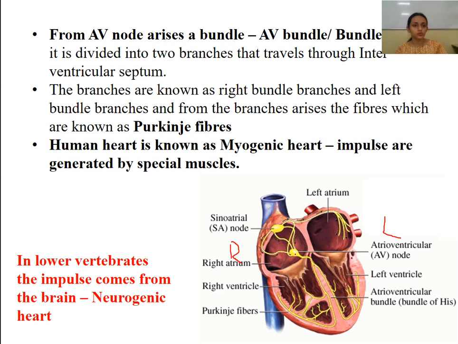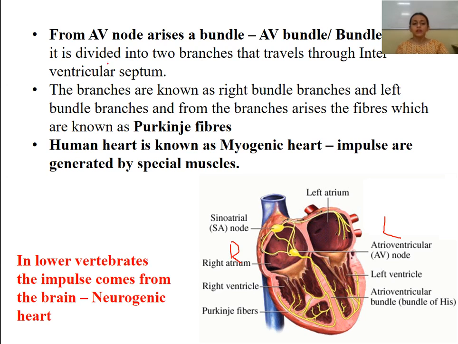Now after it travels to the AV node, it travels to the walls of the ventricle. So from the AV node arises a certain bundle, which is known as the AV bundle, or also known as the bundle of His. The name has been given after the scientist.